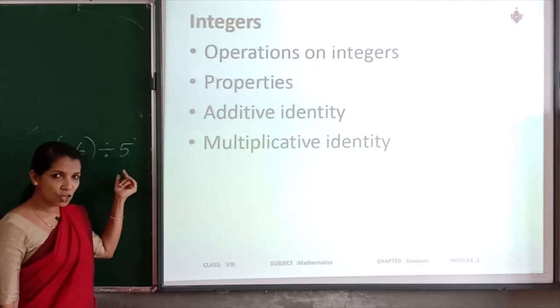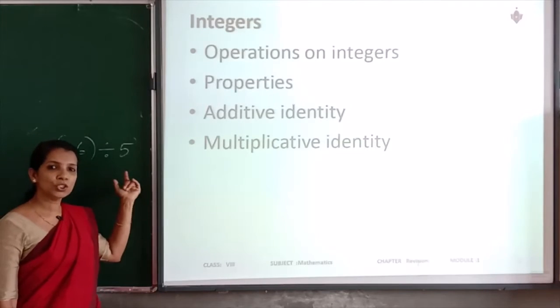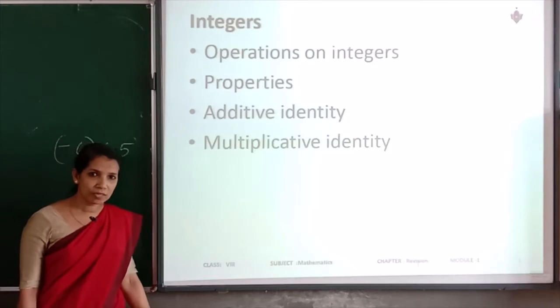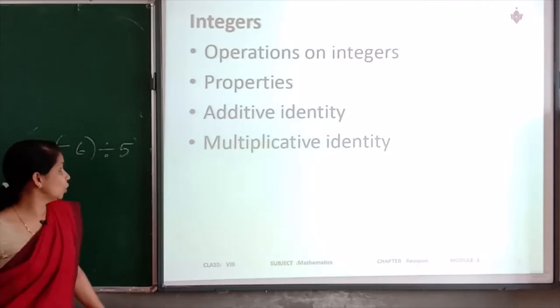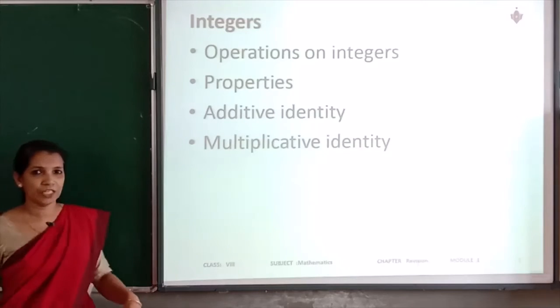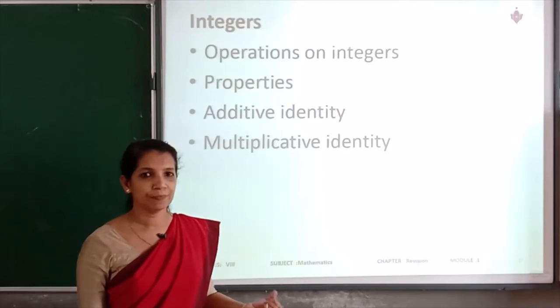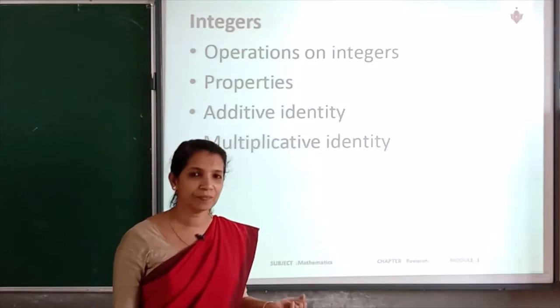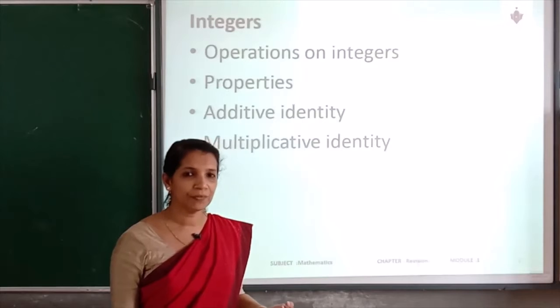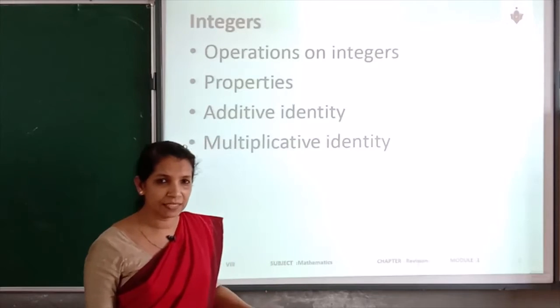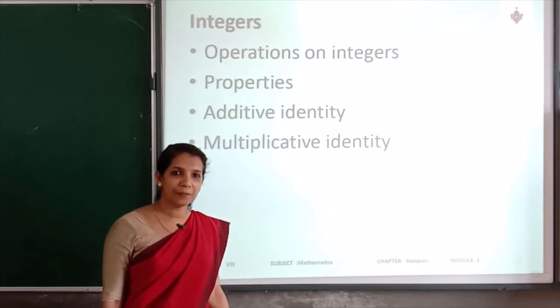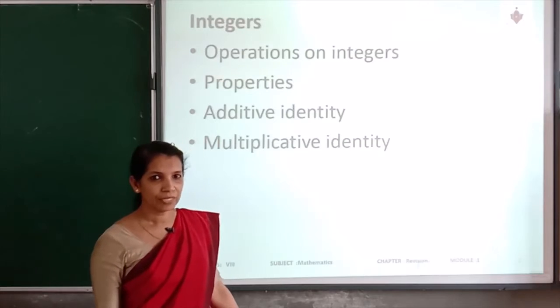So, in case of division, the closure property does not hold. So, the closure property says that if a and b are two integers, a plus b is an integer, a minus b is an integer, a into b is an integer, but a divided by b is not an integer.